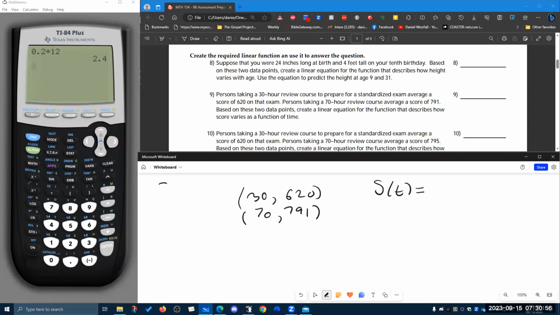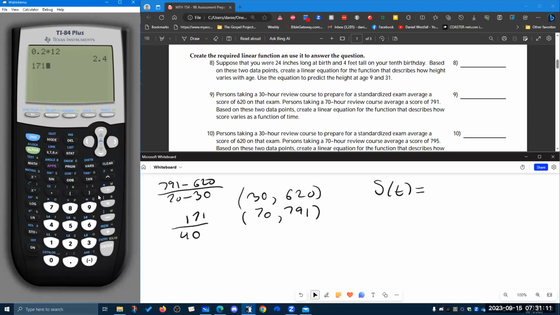So our slope is going to be 791 minus 620 over 70 minus 30. That's 171 over 40, which is 4.275.